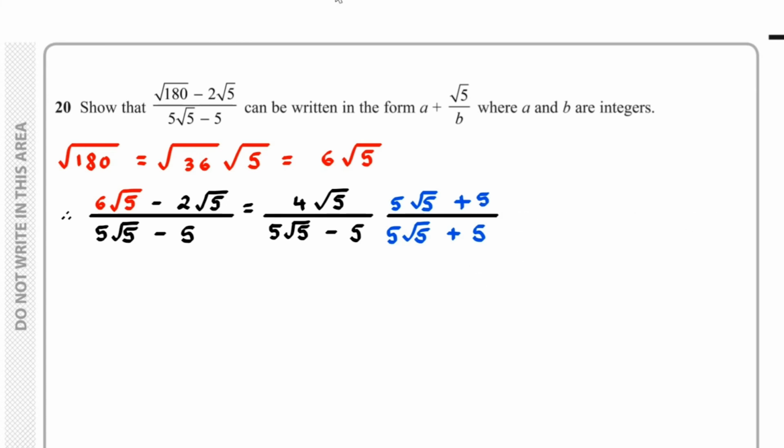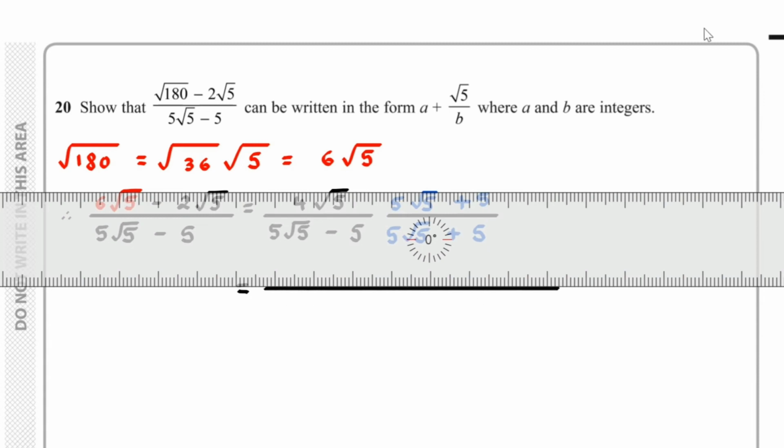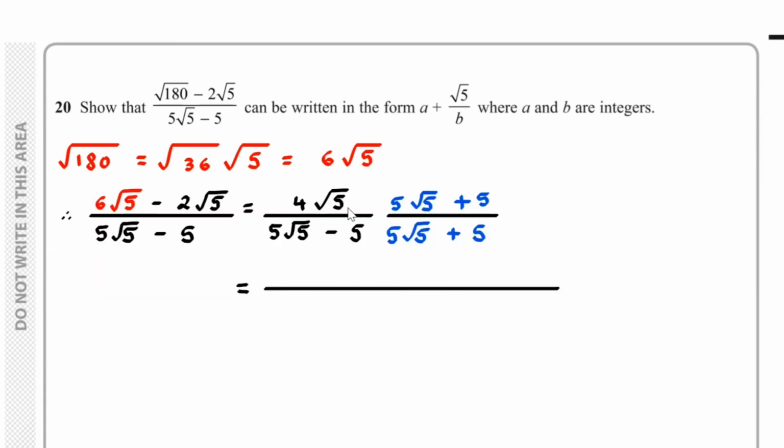So let's work all of this out. 4 root 5 times 5 root 5, well 4 times 5 is 20, and then root 5 times root 5 is 5, and then we've got 4 root 5 times 5, that's 20 root 5.